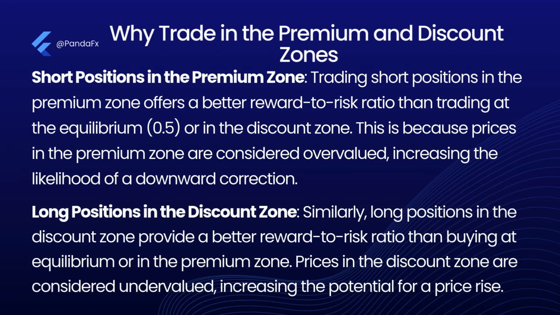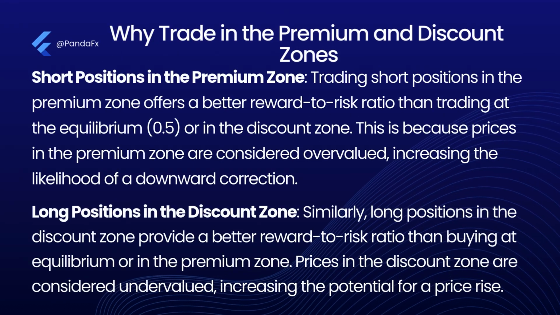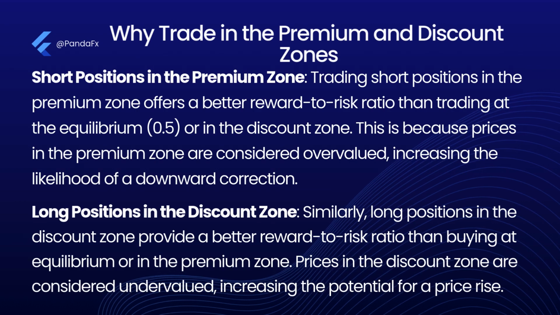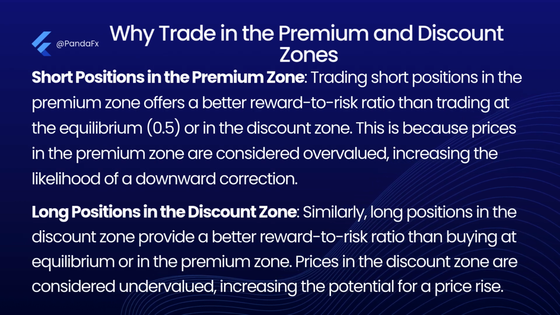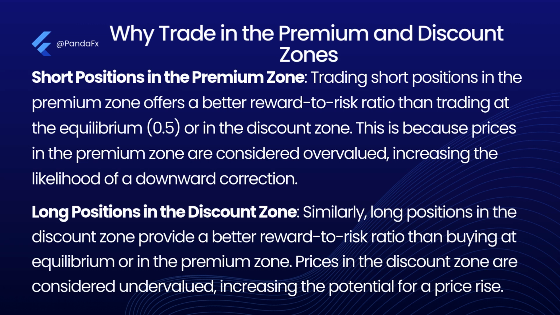So finally, while trading the premium and discount zone, short positions in the premium zone. Trading short positions in the premium zone offers a better reward to risk ratio than trading at the equilibrium or in the discount.